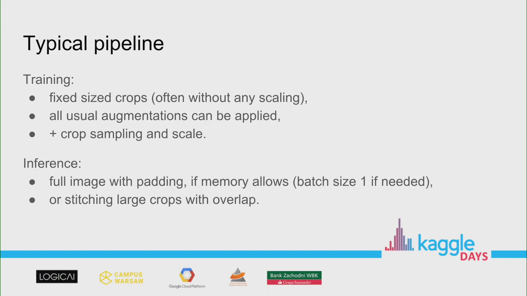So this is, I think, the most important bit of the talk, the typical pipeline, because it's different from what you do for classification. You have two separate steps for training and for inference. For training, usually you use fixed-size crops.